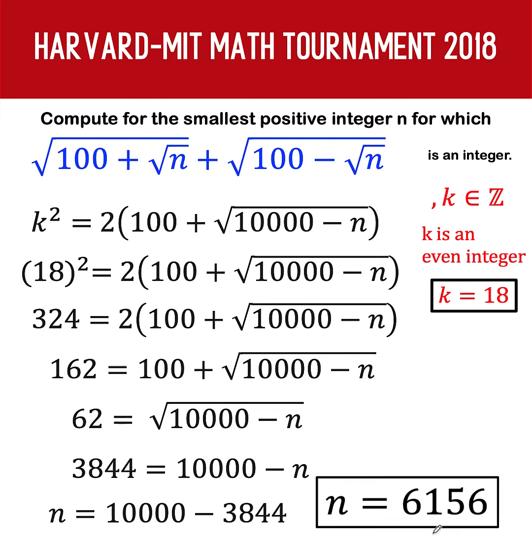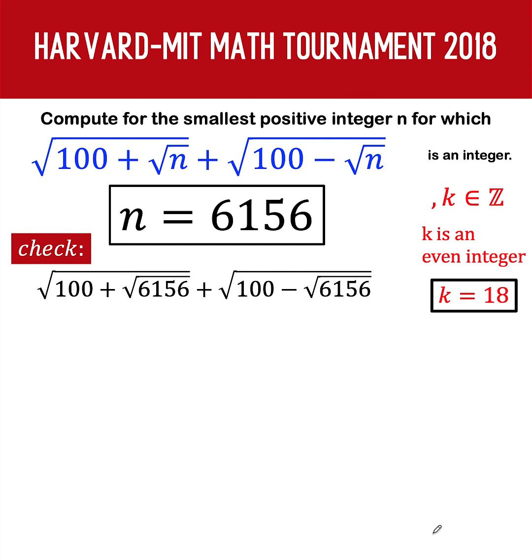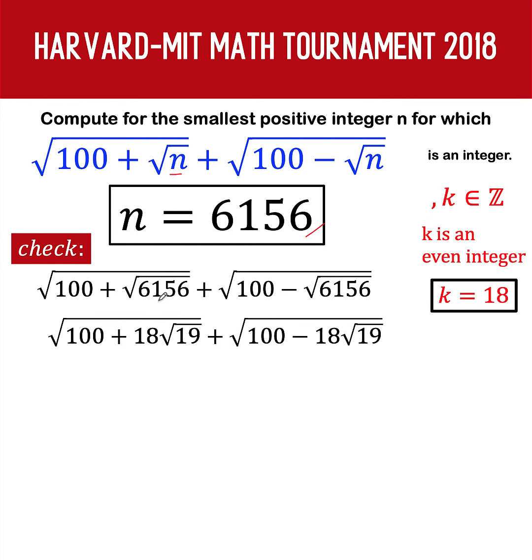6,156. Now to check if our solution is correct, let's substitute 6,156 for n, and here is the result. We copy the square root of 100 plus the square root of 6,156, where n is now equal to this result. Do the same substitution for the second term. Now simplifying this, you will discover that the square root of 6,156 is just the same as 18 times the square root of 19.